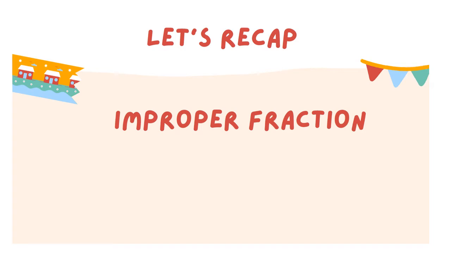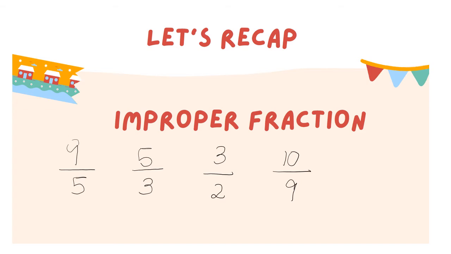How about improper fractions? An improper fraction is the opposite of a proper fraction. So if a proper fraction is where the numerator is smaller than the denominator, then an improper fraction is where the numerator is bigger than the denominator. For example, 9 out of 5, or 5 out of 3, 3 out of 2, 10 out of 9.